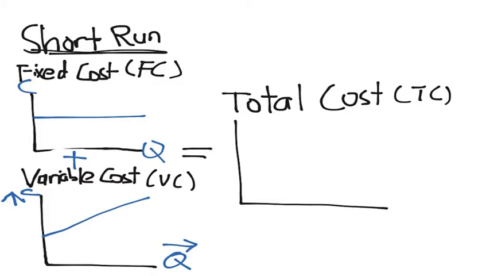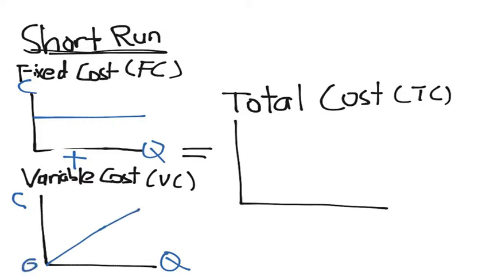So the curve slopes upwards. Sorry, there's a mistake over here. Quantity, cost, the curve slopes upwards from the origin. Remember, from the origin, because if quantity equals 0, the cost equals 0 also.